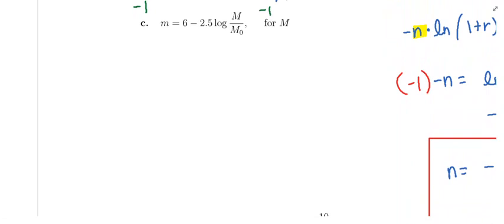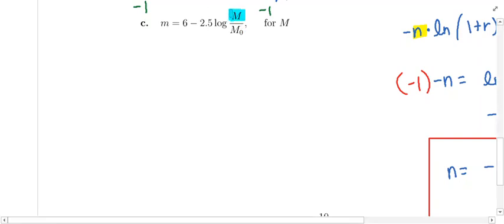Hopefully it's a little easier. This looks like a physics equation. We have m equals 6 minus 2.5 times the log of the quantity M divided by M0, and we're solving here for M. Little m and big M are different quantities, and M and M0 are different quantities.